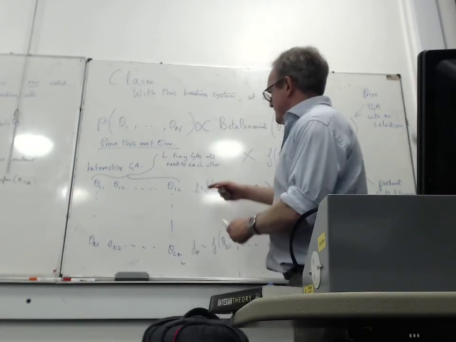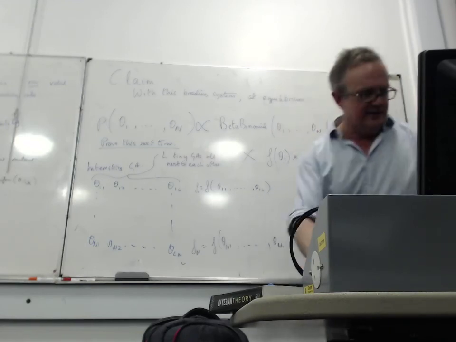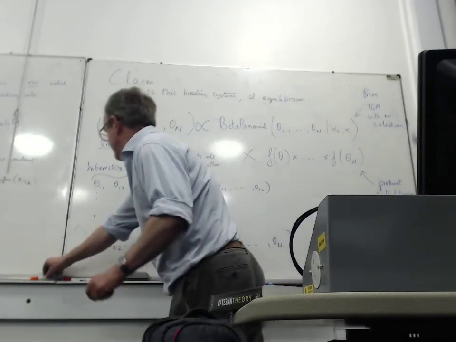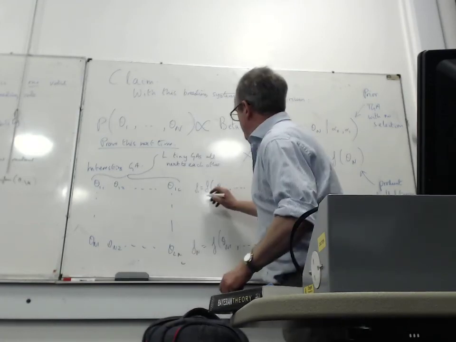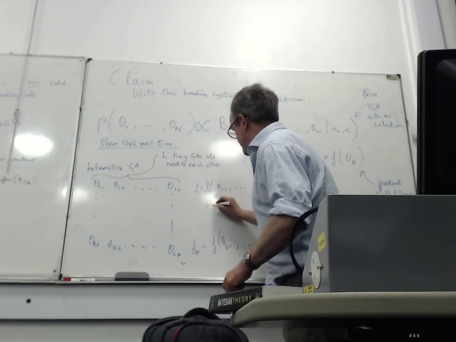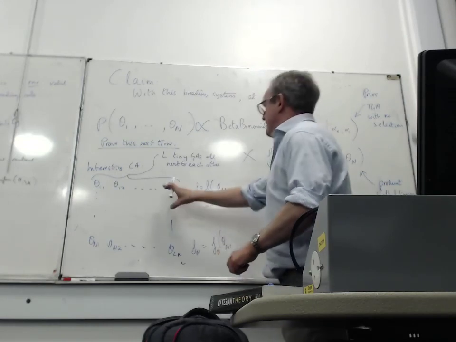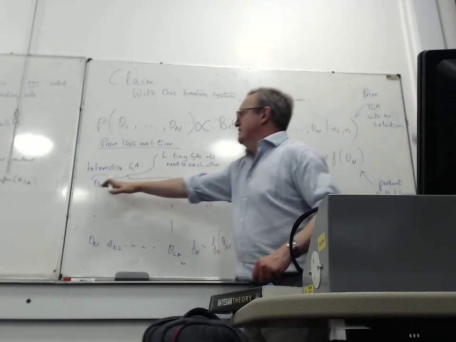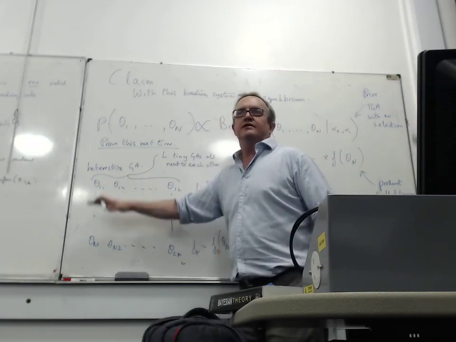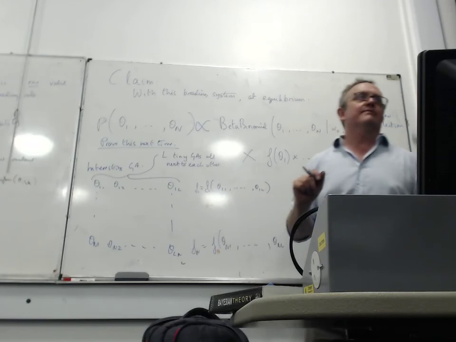So wait a moment. Here, I want to put up something which is rather neat. I want to have a distinction. We can have different fitness functions. We can have F1, F2, and Fn. Let's call each of these things a niche. All of these can have different fitness functions.